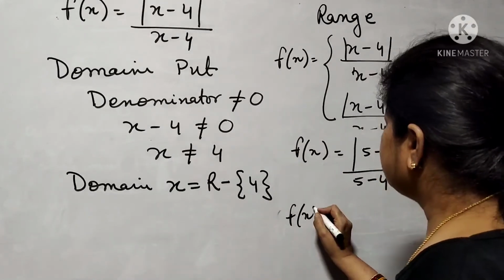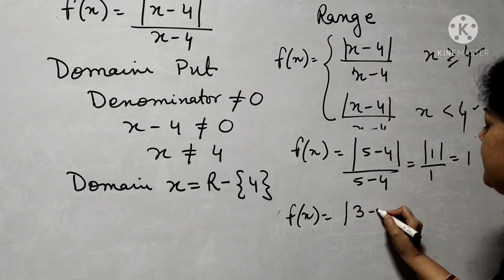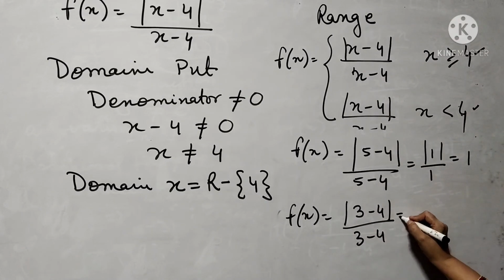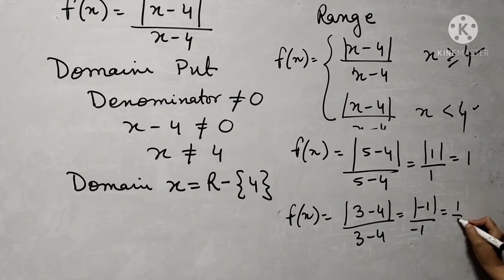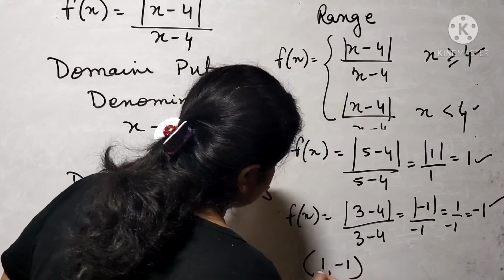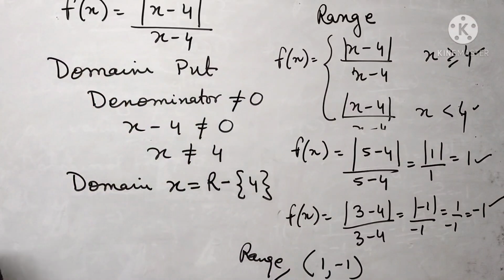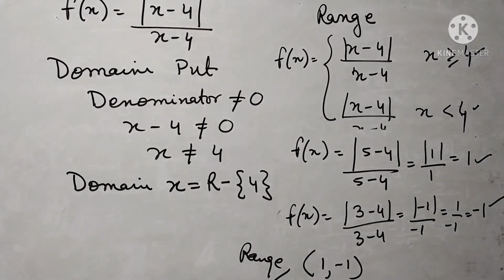For the second case, when we take x less than 4, say 3, we get mod of 3 minus 4 over 3 minus 4, which is mod of minus 1 over minus 1, that is 1 over minus 1, which is minus 1. So its range lies from 1 to minus 1. So in this way, the domain and range of modulus functions are found out. Thank you.